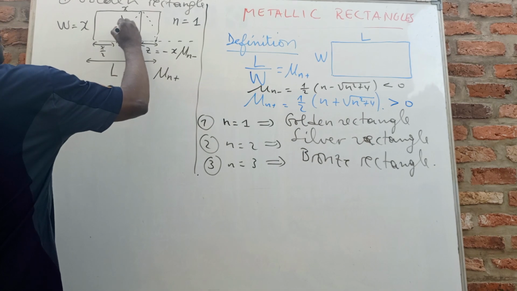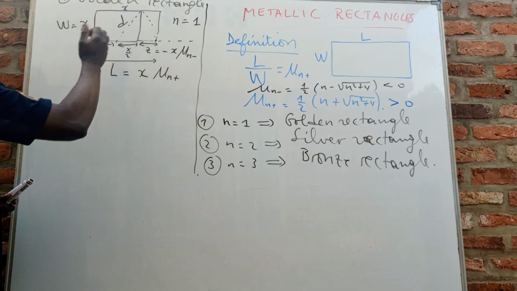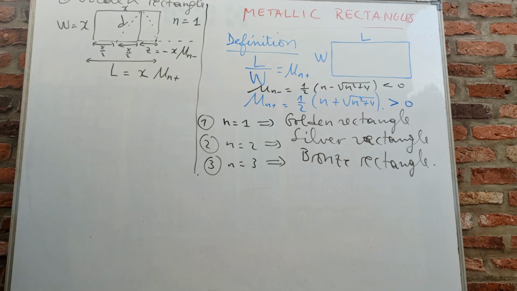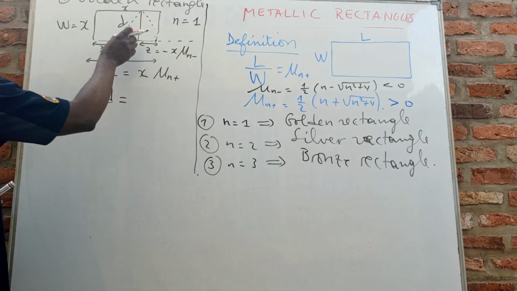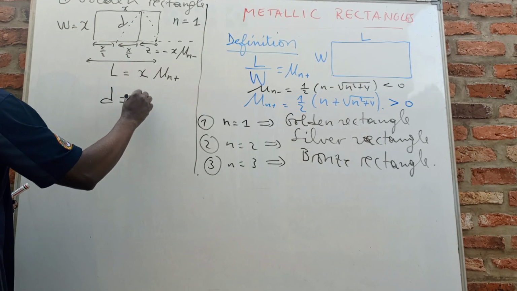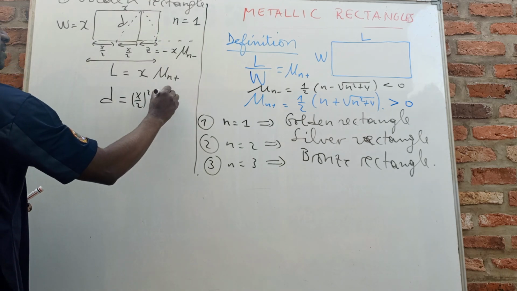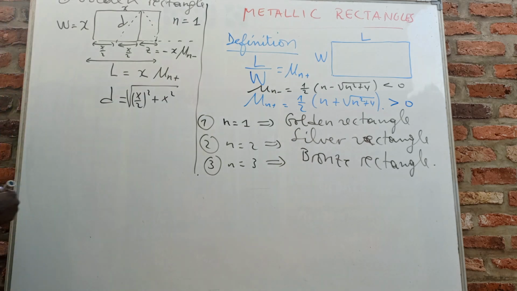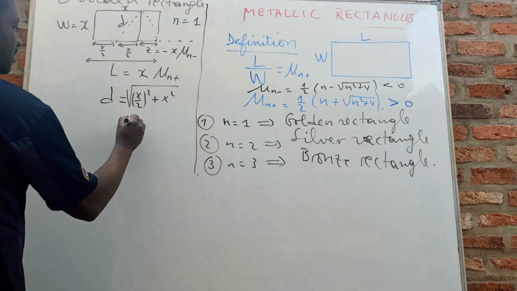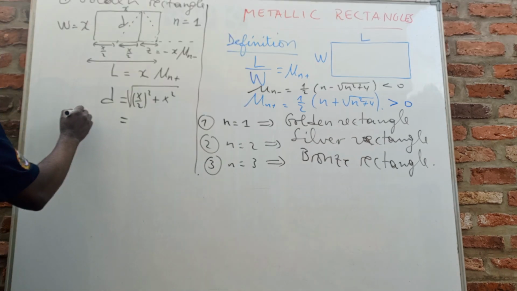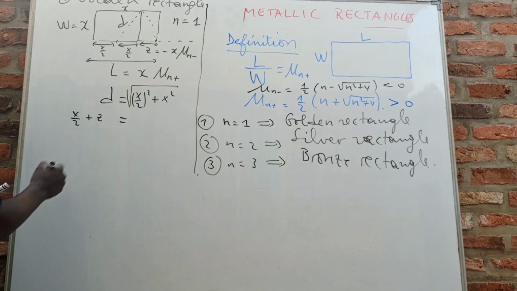To prove it, let us take the diagonal from this corner. We take half of it. We get the diagonal by using the Pythagorean theorem: x over 2 to the power 2 plus, now this width is x, and we take the square root. As it is the same length on the other side, this is z, x over 2 plus z.